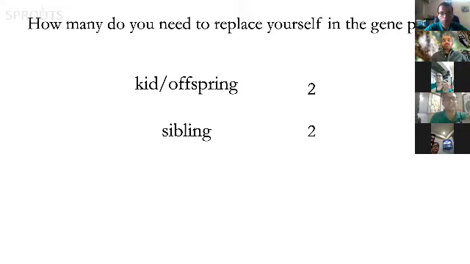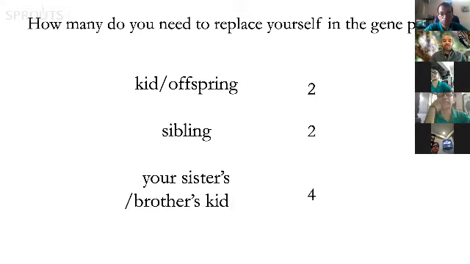Or you can take care of 4 nieces or nephews, and you're still replacing yourself in the gene pool. So this whole idea that you don't have to have your own kids to increase your fitness is something that is called kin selection.